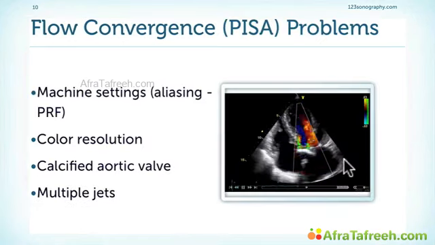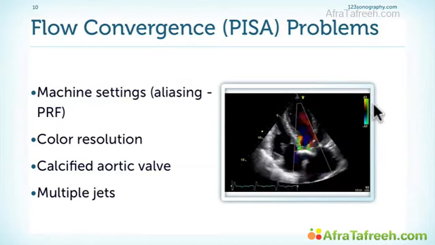And there are other limitations, for example in this situation where we have a calcified aortic valve, where we do not see the PISA, and we also have multiple jets. Again, the size of the flow convergence zone also depends on the PRF limit, and it also depends on how good your color resolution is. So even with determining the flow convergence zone, there are a number of problems.